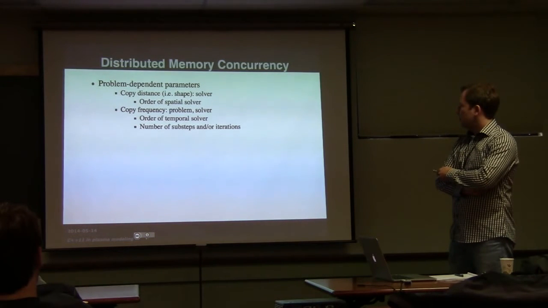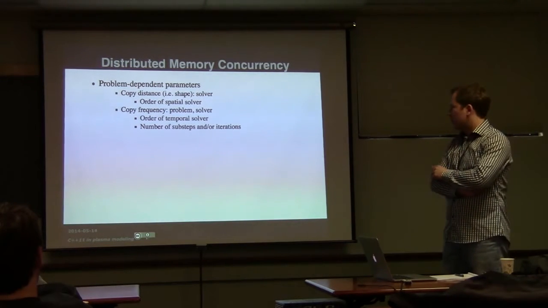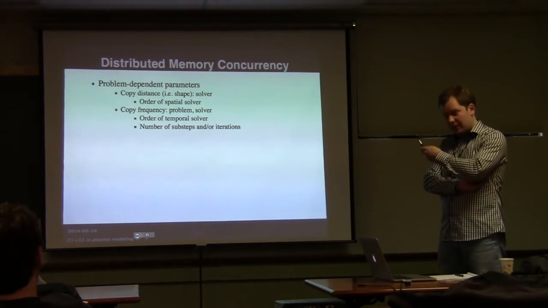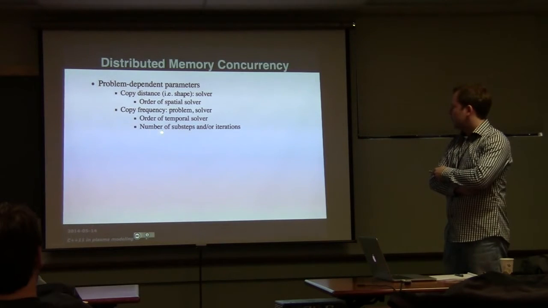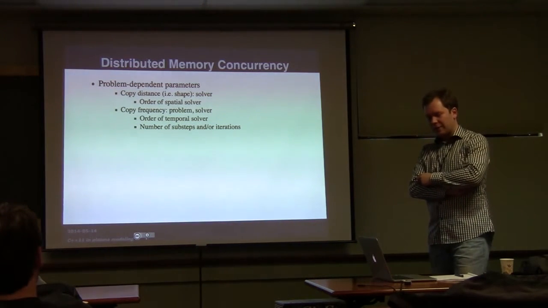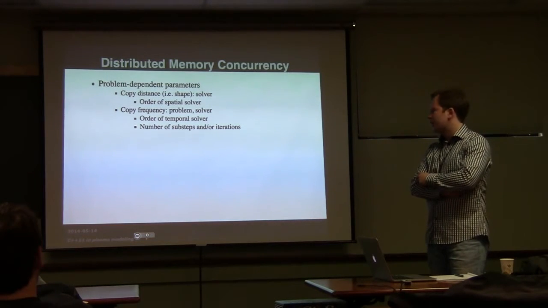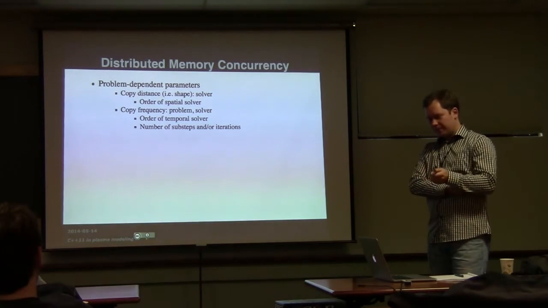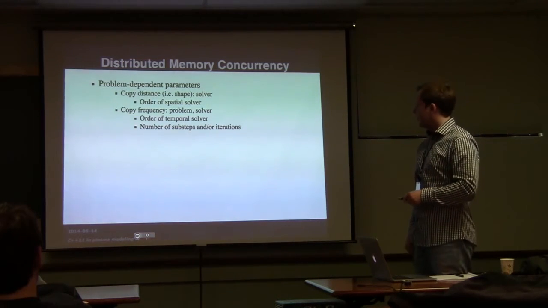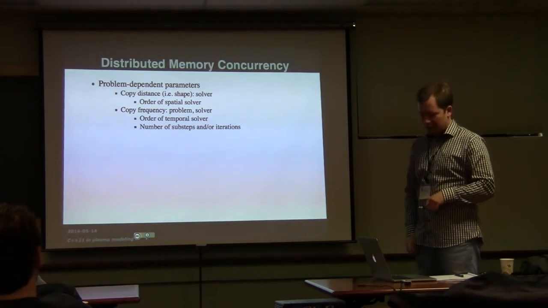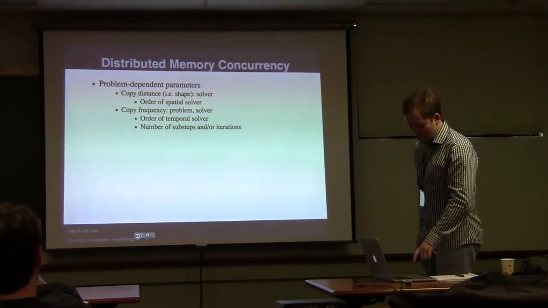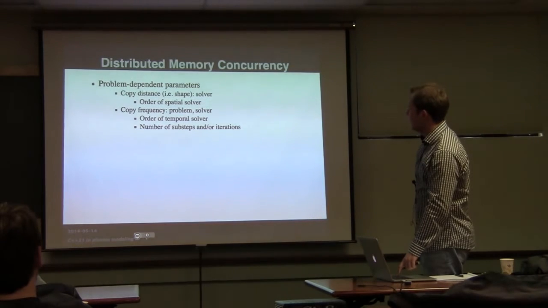How frequently the data has to be copied also depends on the solver and the problem. For example, higher order temporal solvers can take several sub-steps. And if you have several models with different time-stepping strategies, you have to be careful to send the right data, but not too much, so that the simulation still works quickly.